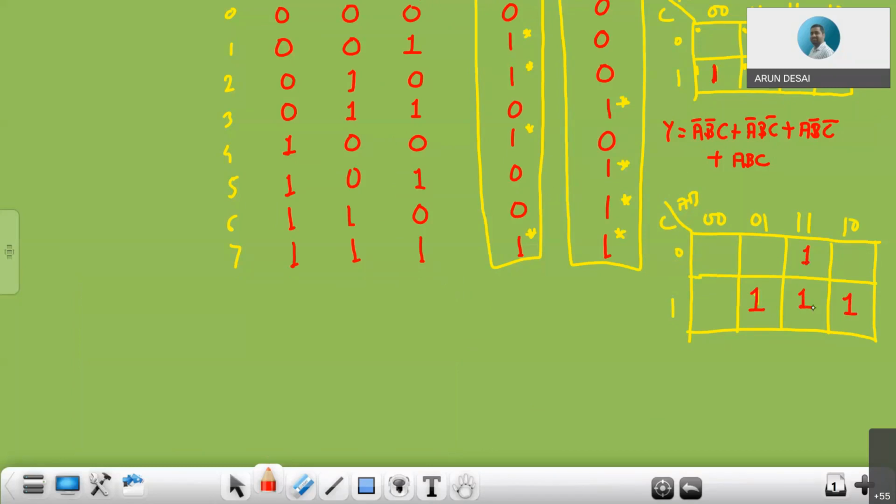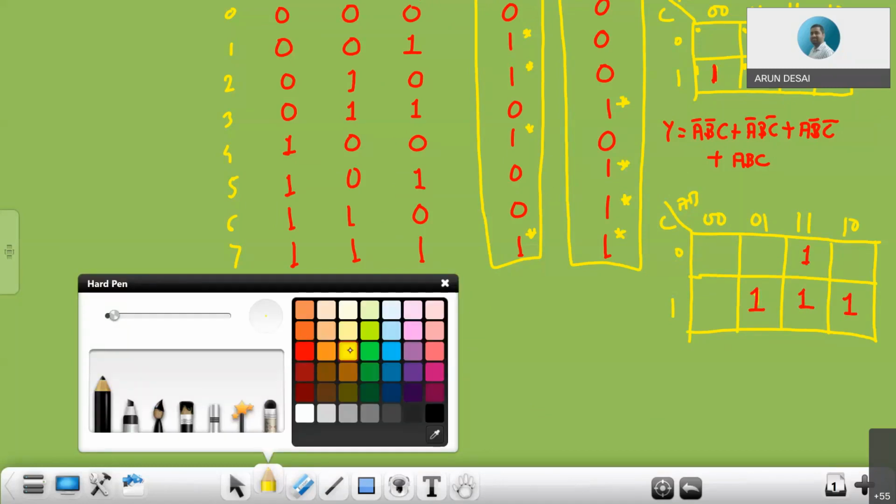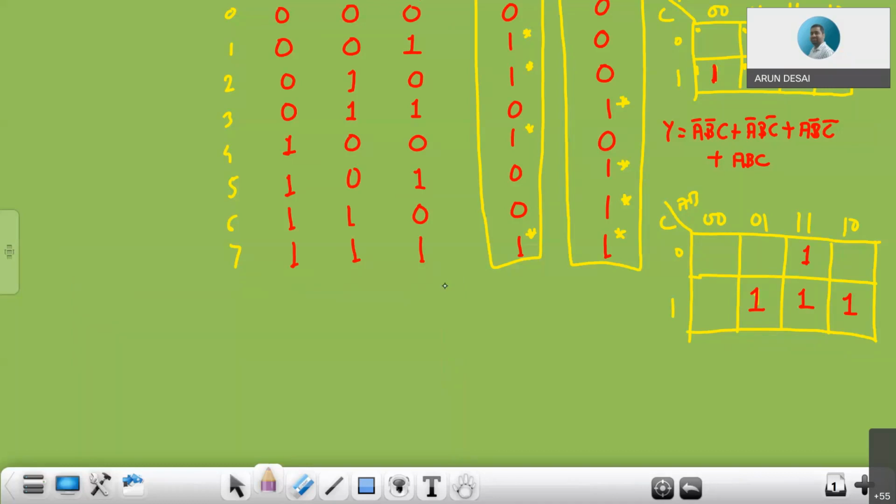Right. So we can have multiple combinations here. We can group this, we can group this as well, and this as well.